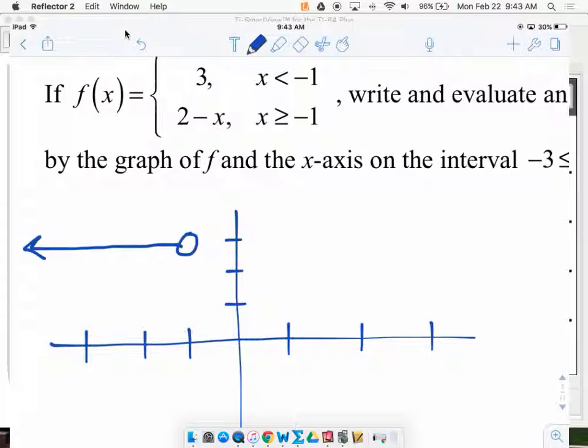If I plug in -1, what do I get? And if I plug in 3, I get -1.